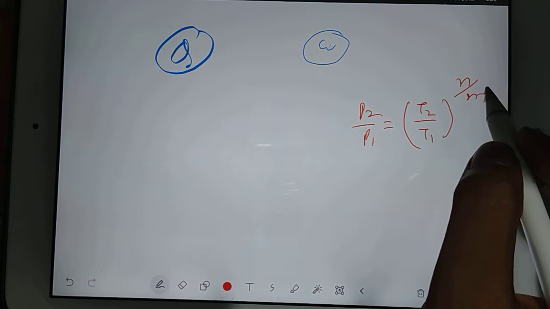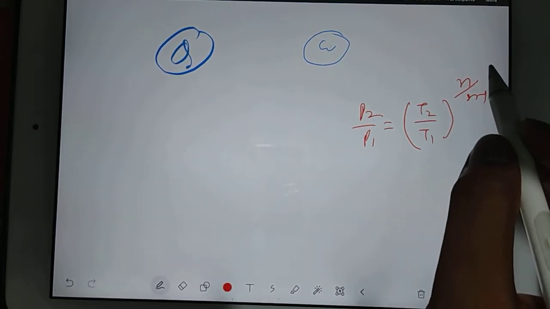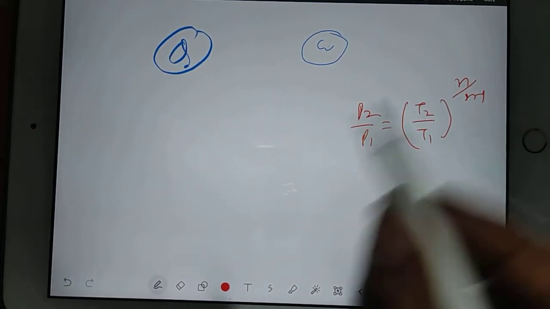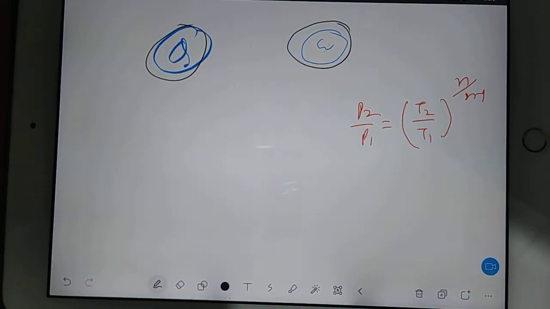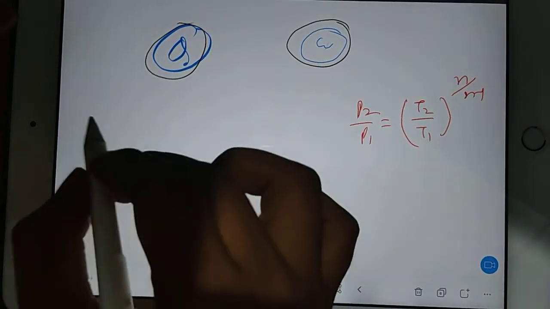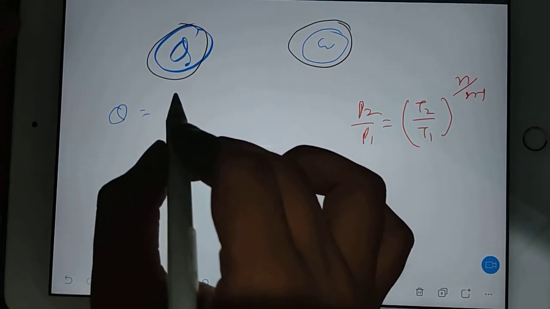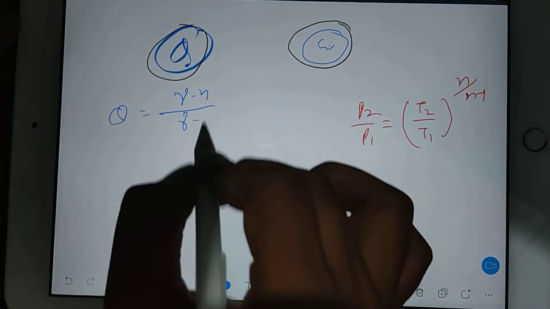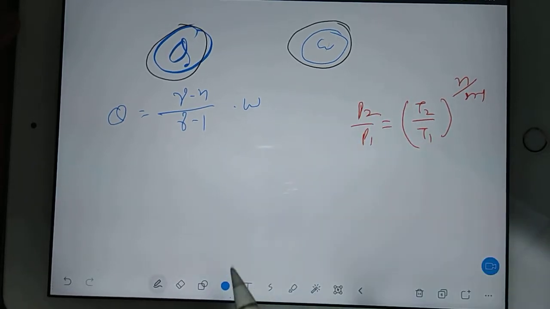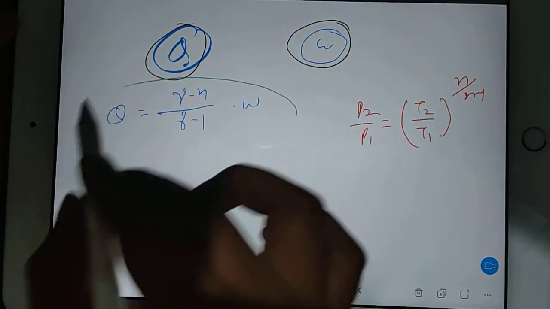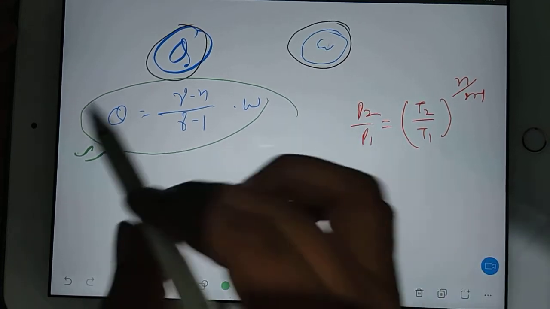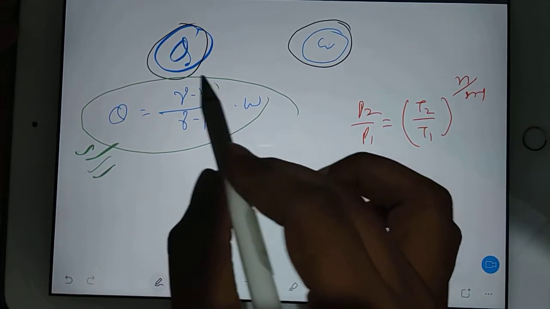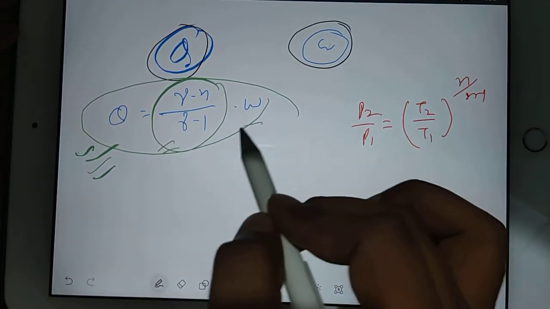Don't use gamma. Wherever you have gamma, substitute. Now your heat and work ratio is very important here. Your heat transfer is gamma minus n by gamma minus 1 times the work done.